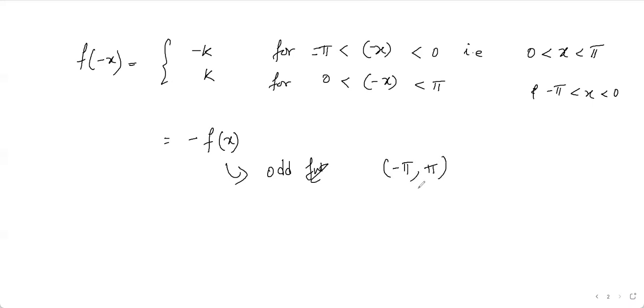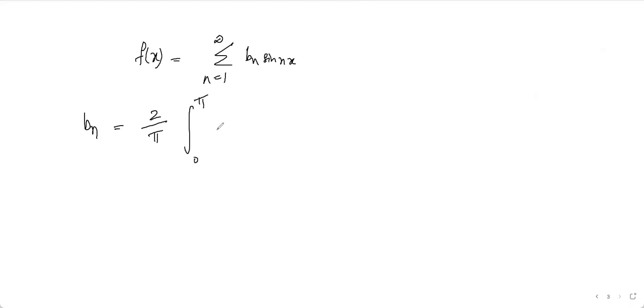Now we got that the function is an odd function. So we have f of x equals summation n equals 1 to infinity bn sine nx. Now let us find bn. Bn is 2 by pi integral 0 to pi f of x sine nx dx.